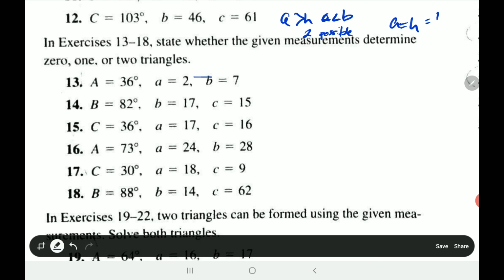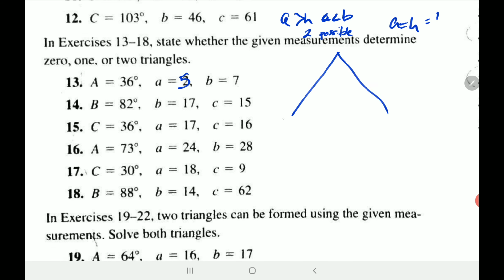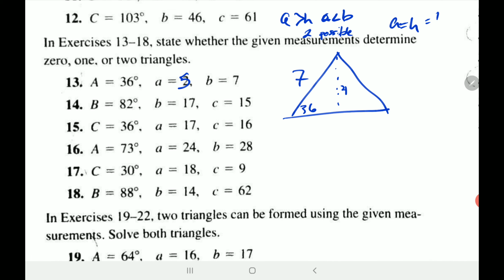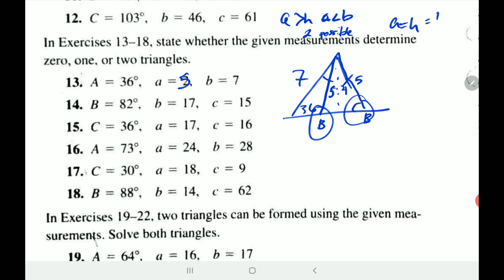So let's say A here was 5 instead. We know that the height here is approximately 4. If A is 5, then that means that 5 could either be formed here, whatever angle B is, or it could be formed here with angle B. So this is kind of like a little isosceles triangle here. So we have two possible triangles, one acute angle and one obtuse angle.